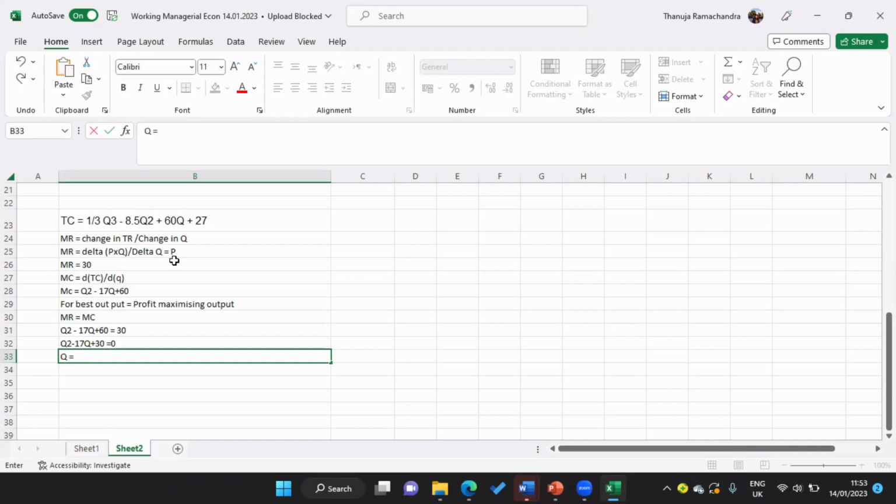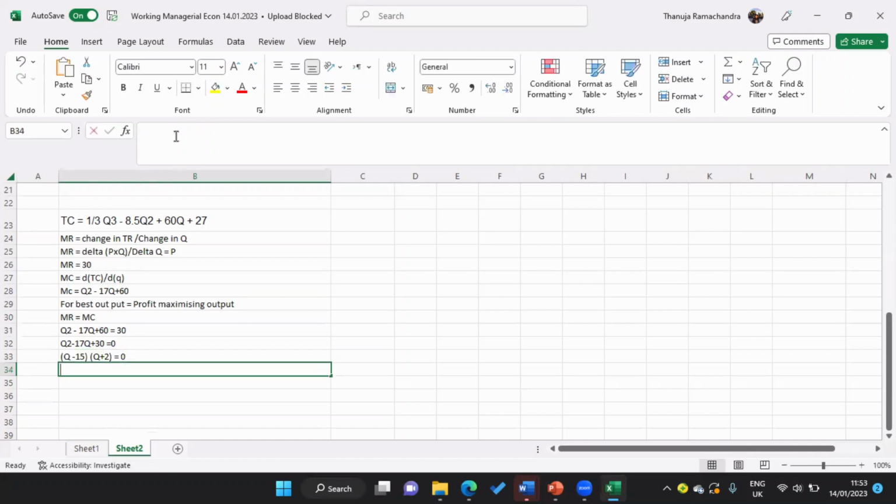So Q minus 15, Q minus 2. We are getting two answers. One is 15, one is minus 2. So Q equal 15. That is one way.